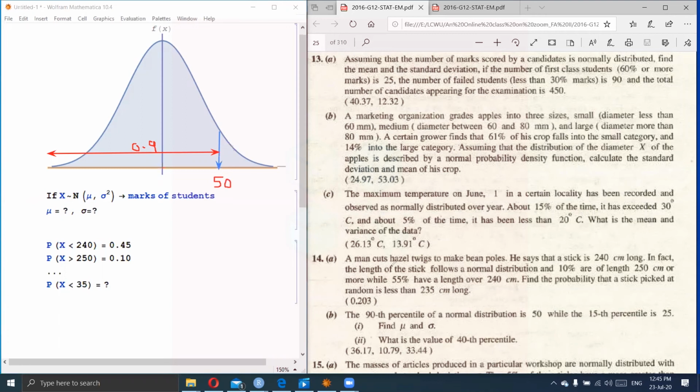and the other equation is the 15th percentile is 25. So the 15th percentile is on this tail, and the area below this point from minus infinity to this point is only 15%. So we will write here this area is 15%, and using this information, 15% and the point 25, we will write here 25.